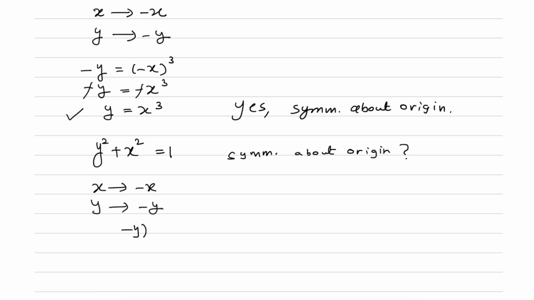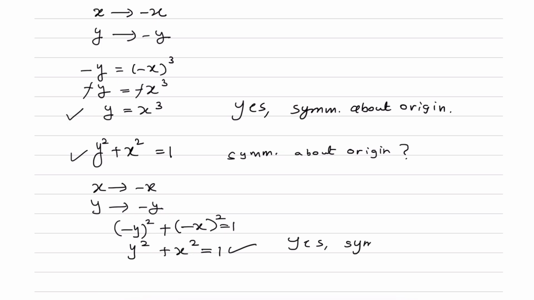If we do that, this is what we get for our graph. Simplifying it gives us y square plus x square, the same graph back. So yes, this graph is also symmetric about origin.